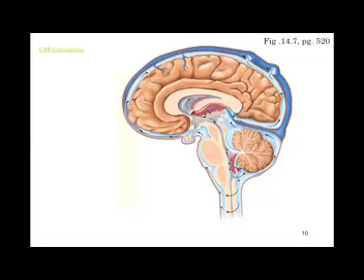As that fluid leaves through the median aperture, it enters that subarachnoid space. So the spinal cord is kind of floating, with a space around it. That fluid can flow down, then flow around and back up as well. Does it technically have to go all the way down before it comes up? Probably not.